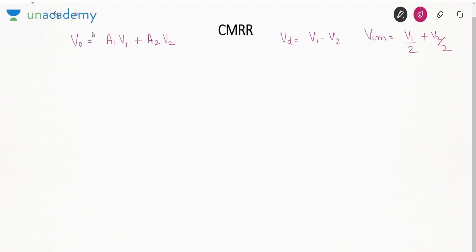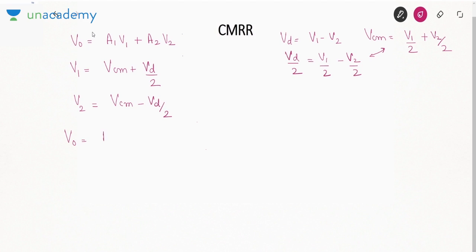So how can we find the value of V1 and V2? Simply, V1 is VCM plus VD by 2, because VD by 2 is V1 by 2 minus V2 by 2. If you add both these, V2 by 2 will get cancelled, and V1 will be VCM plus VD by 2. If you subtract both, it will become VCM minus VD by 2, that is V2.